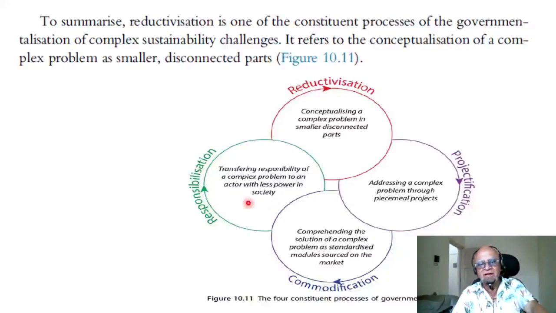Each actor has to have some part of the responsibility so that everybody is working towards the governmentalization of sustainability. So you can think of it as decentralized, modularized governing of sustainability.